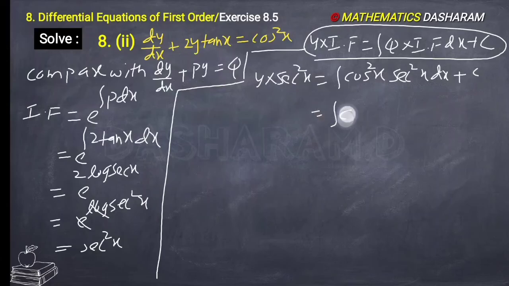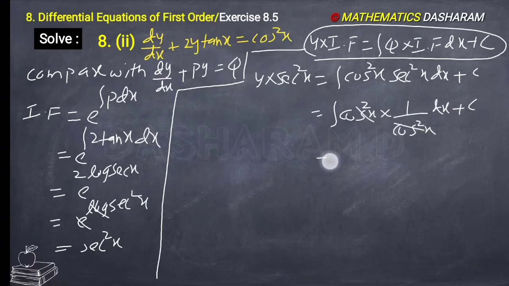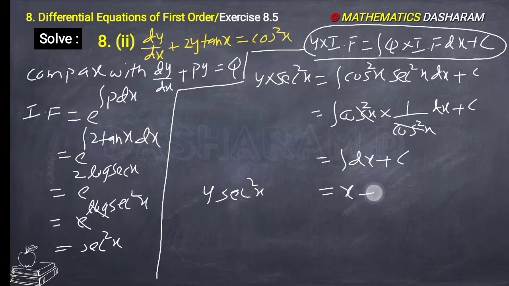So integration cos square x into secant square x, which is 1 by cos square x, dx plus c. Both cancel, integration dx plus c. Then y into secant square x equals integration dx, which is x plus c, is our required answer.